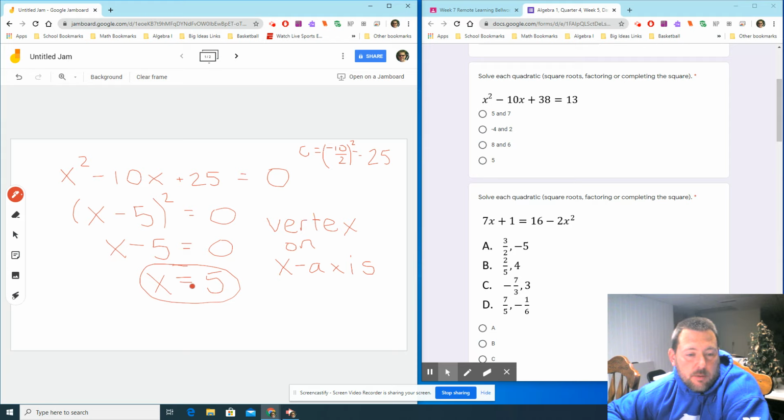Well, if it was positive, it would have 2 answers, so it's not that. If it was negative, it would have no real answer, so this must have a 0 discriminant.